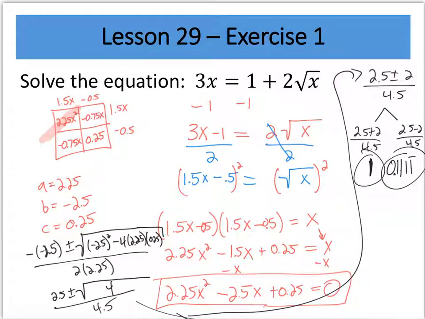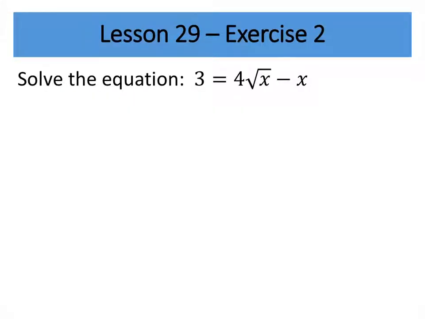This was a really challenging problem, but that's how we do it, unfortunately. Let's try another one, and hopefully it'll come out a little bit more pretty for us. So this is going to be exercise 2.